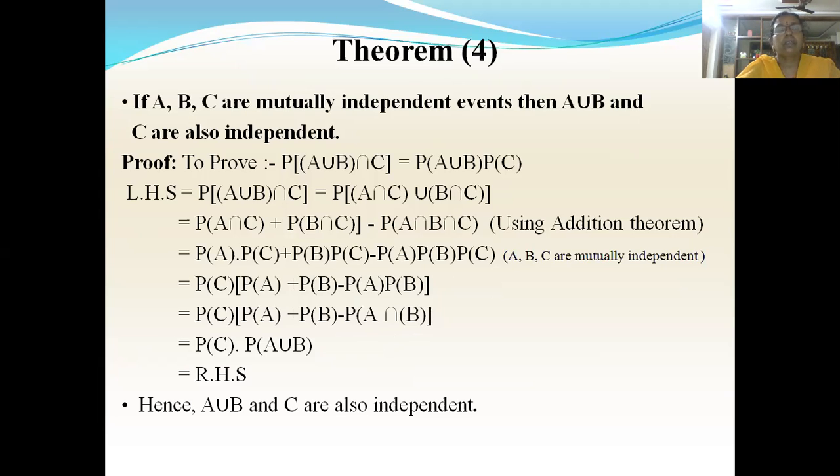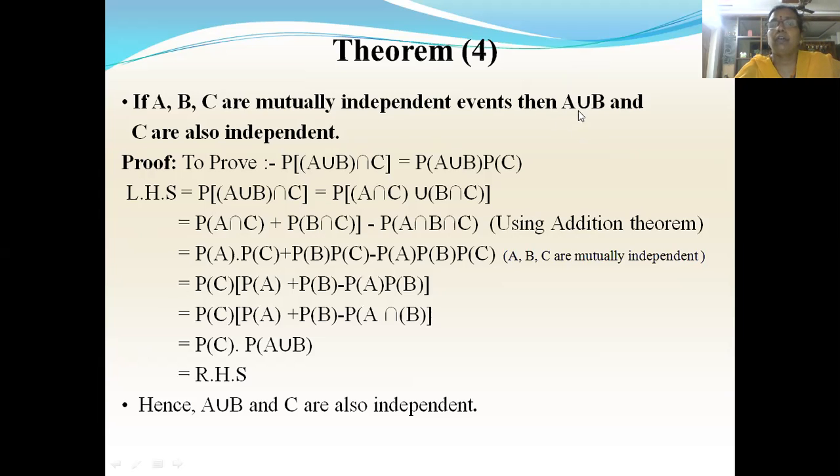Next theorem is, if A, B and C are mutually independent events, then A union B and C are also independent. That we have to prove. It is given that A, B and C are mutually independent events. Then A union B and C are also independent. That means what we have to prove? We have to prove that A union B and C are also independent.